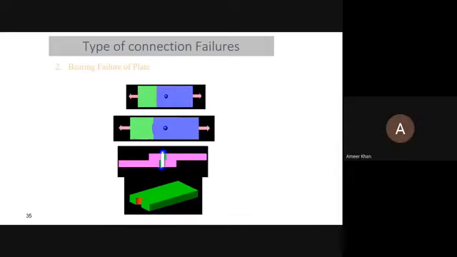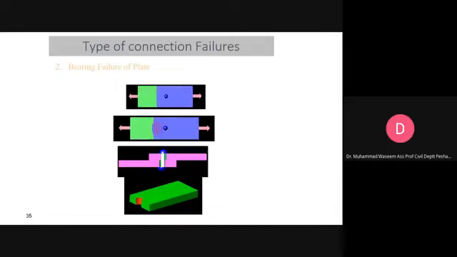Yes, sir. Okay. Now the next is the failure of the plate. You can see that there is a plate under the action of a tensile load. What happens is that this fastener comes into contact with the plate, and you can see these undulations.